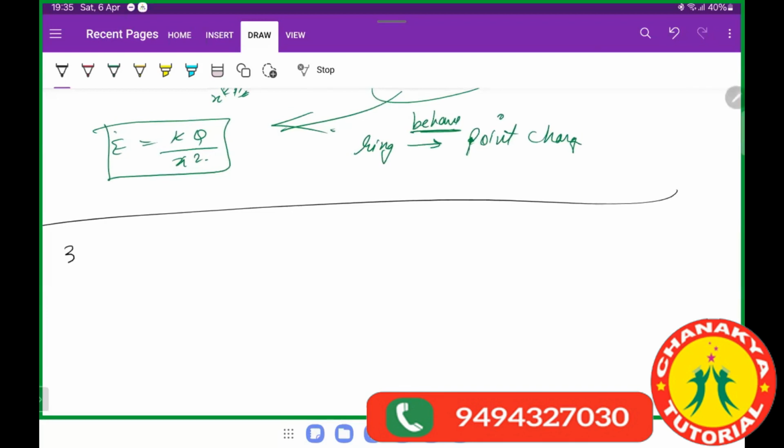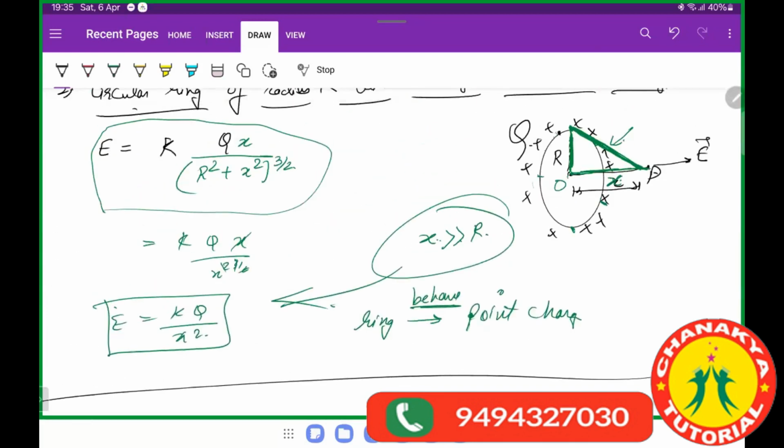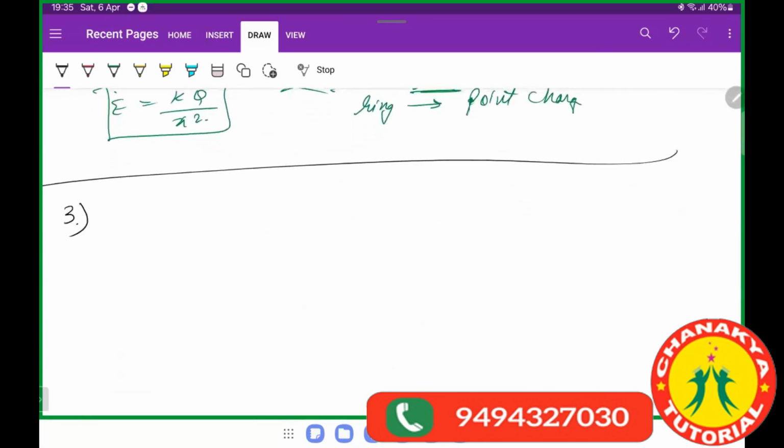Next, the third one. Which one did we write? Circular ring. Then here, circular disc. Now, the ring was hollow, the disc is not hollow. A disc of radius r.